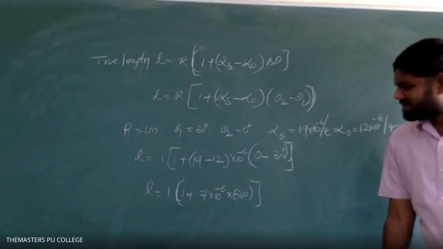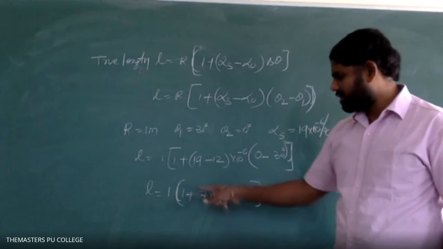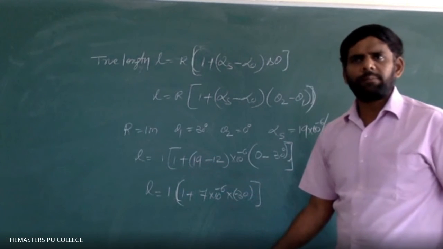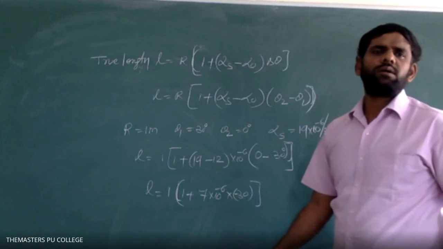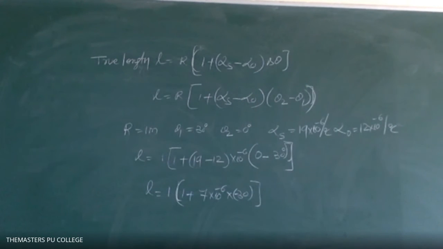Sir, 1.00021. Minus? Yes, sir, you have given minus now. Here, it is 1 minus of this, which means you will only get less than 1. For options, it is given 1.0021, sir. But you got the value?